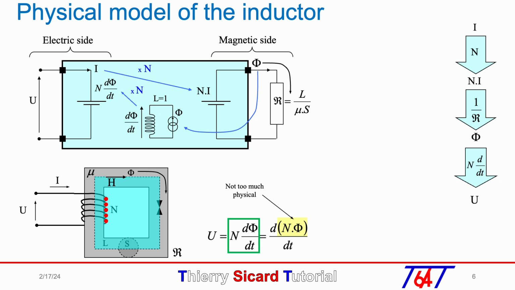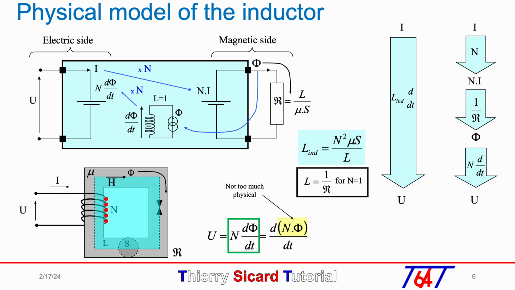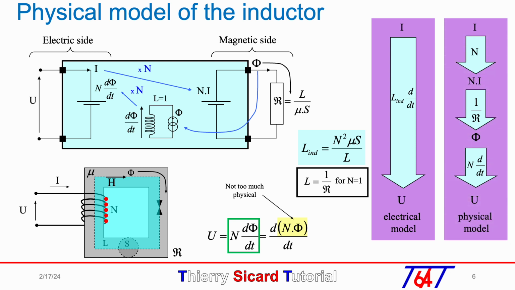But of course, we also have a direct way from the current to the voltage with the formula L di over dt, with L equals N square mu S over L. By the way, for N equal 1, the inductance is the inverse of the reluctance. This direct way is an electrical model, but the other one can be called a physical model because we use a model of the magnetic effect.